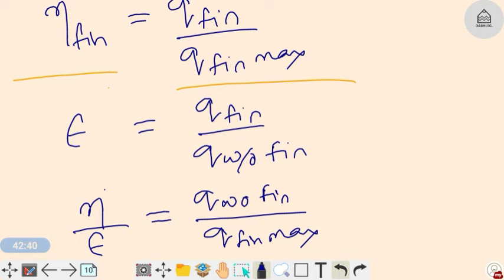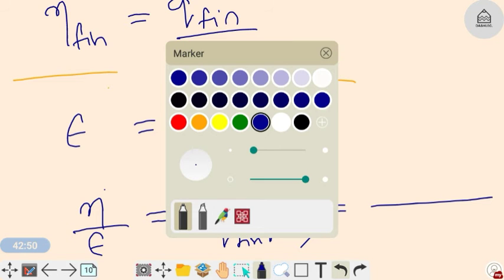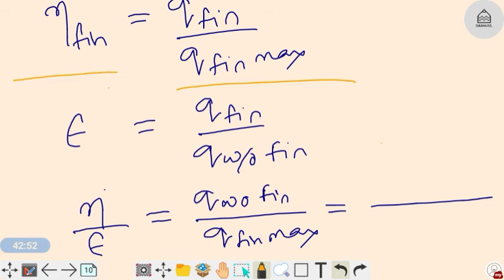What is Q without fin? Q without fin is basically h Ac, cross sectional area, into theta b. And Q fin max is h As into theta b.